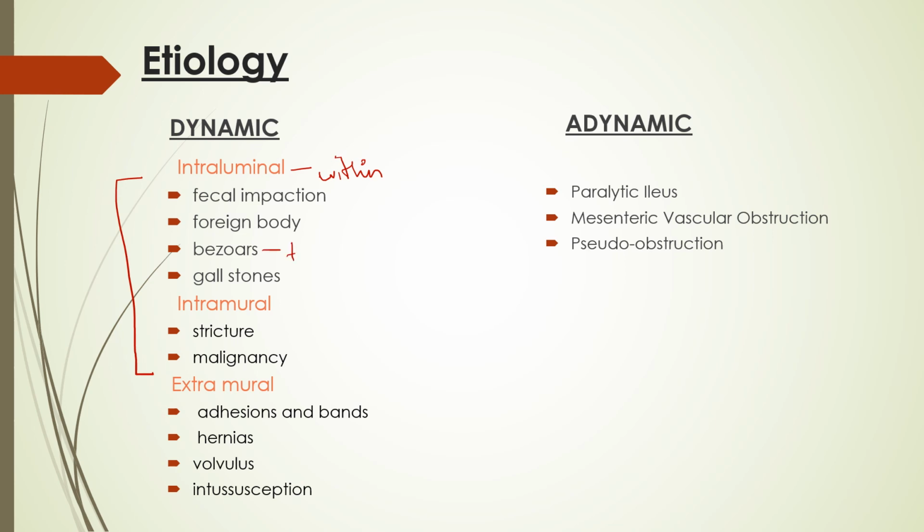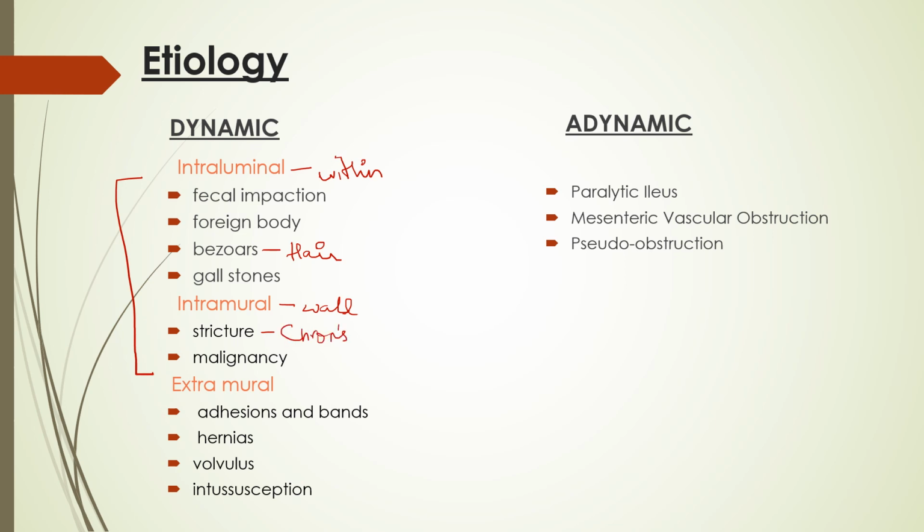Bezoars are concretions of indigestible material like hair. The intramural causes arise from the bowel wall, for example, strictures or malignancies. Strictures can be seen in Crohn's disease.